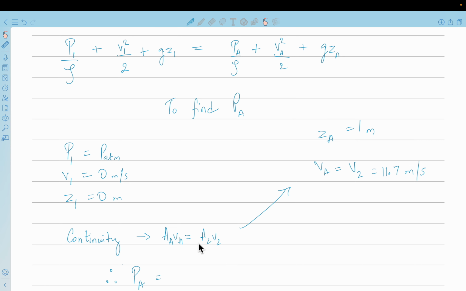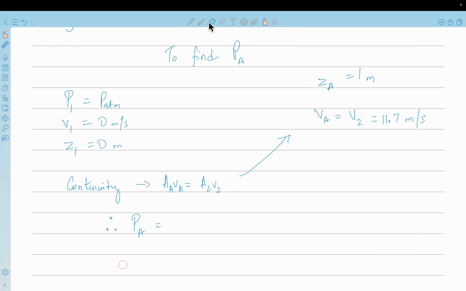Atmospheric pressure you can take as 1.01 into 10 to the power 5 Pascal. Density you can take as 1000 kg per meter cube for water.